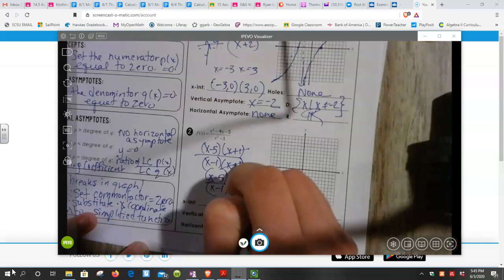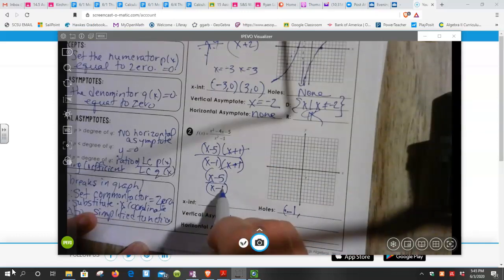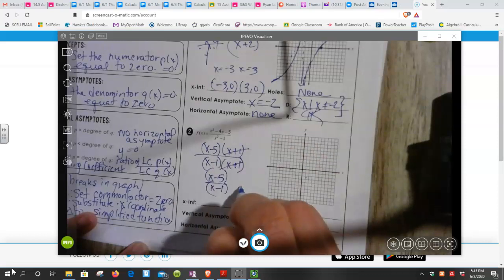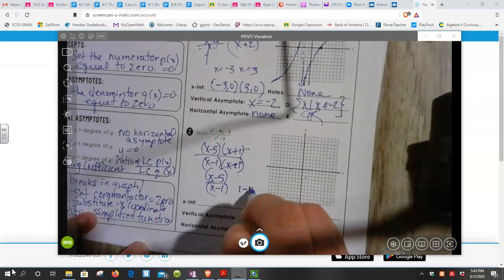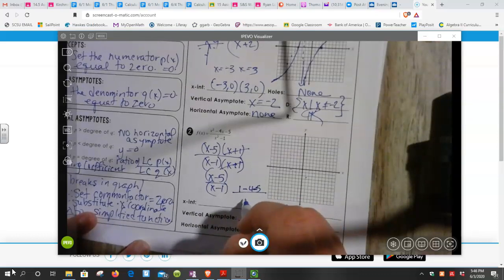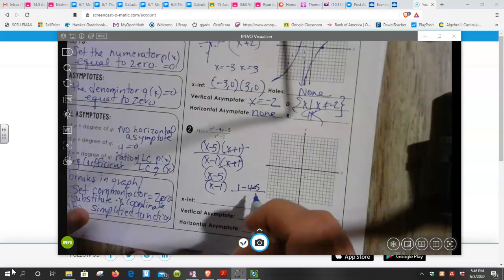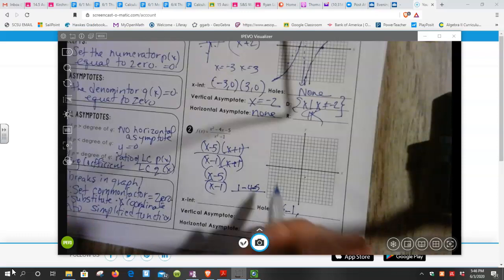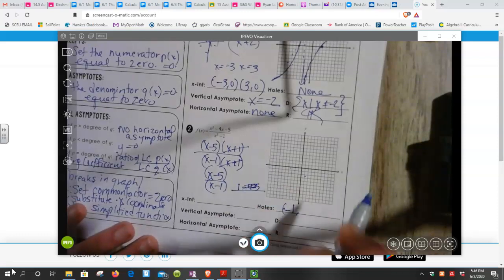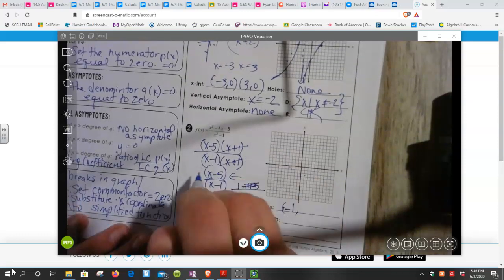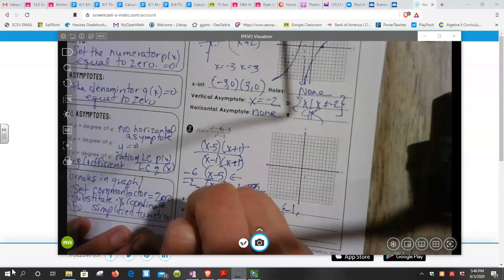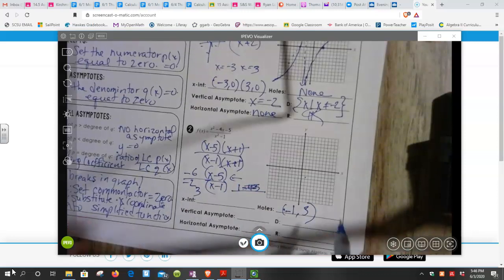Then you put negative 1 back into the simplified function, and you get negative 6 over negative 2, so you get 3. Therefore, our hole is negative 1, 3.